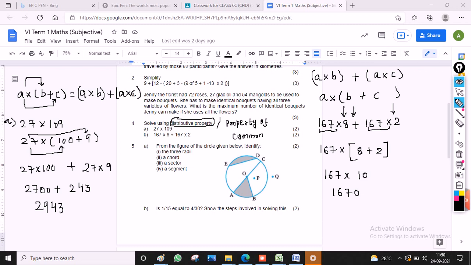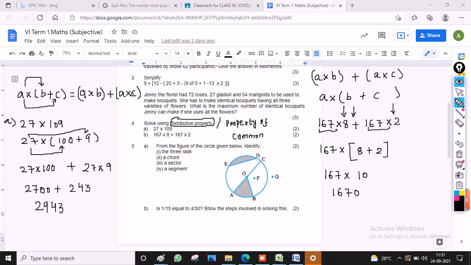This is the essence of this property. If we go on multiplying directly 167 with 8, we have some number and it will require some effort. Similarly, effort is required here also. But as we apply distributive property, the answer comes effortlessly because it is very easy to multiply 167 with 10 as compared to multiplying 167 with 8 and 167 with 2 and then adding them.